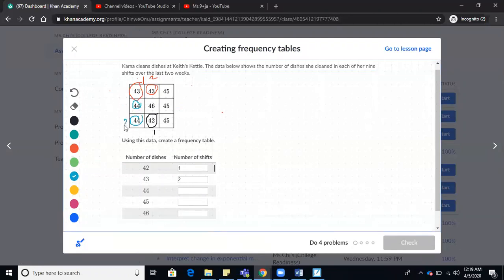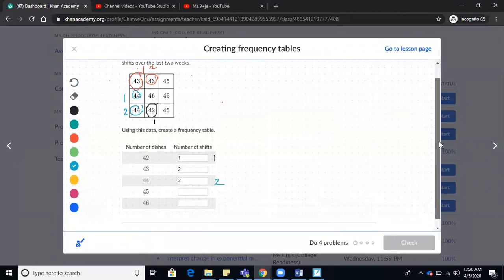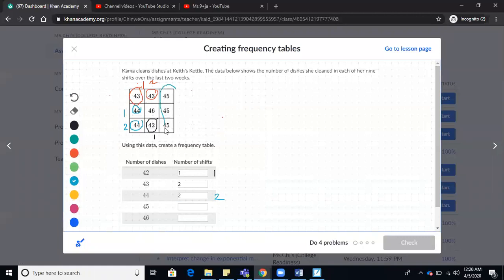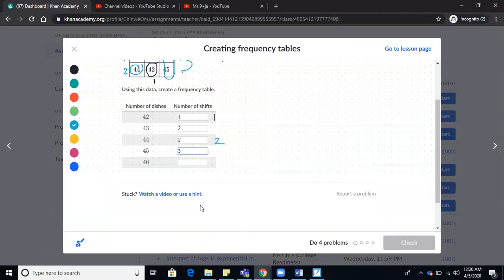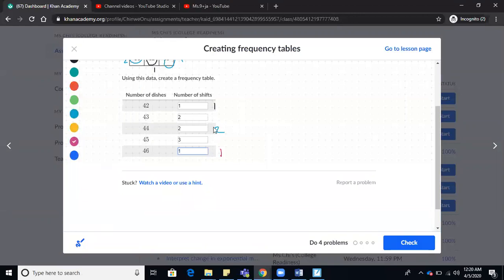So in my frequency table, beside 44, I'm going to put 2 for number of shifts it occurs. And here we have 45, so I'm looking for how frequent 45 is, and I see 45 occurs 3 times. So on my frequency table, I'm going to put 3, and then I'm going to go to 46 and see how many times that occurs, which is just 1 time. Okay? So this is my final answer, which is 42, 1, 43, 2, 44, 2, 45, 3, 46, 1.